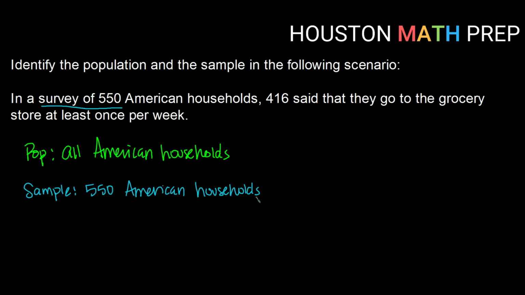Okay, so that brings up the question of what about this 416 number over here? What is that? In this case, 416 that said that they do go to the grocery store at least once per week would be a statistic. That would be something that we would be using to measure on the sample of 550 American households. So this is a statistic.